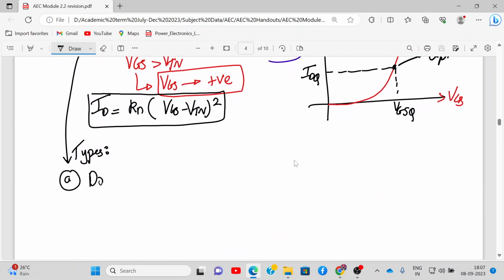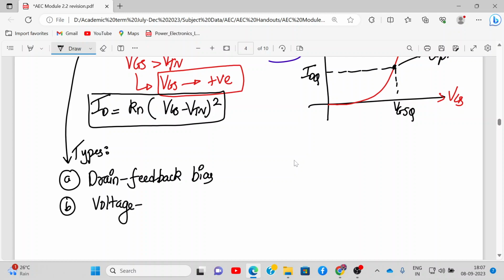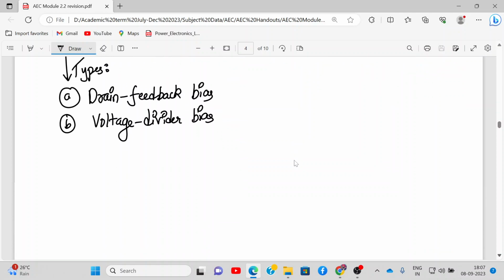First is drain feedback bias. Second is voltage divider bias. So can we start now, everyone, with drain feedback bias?